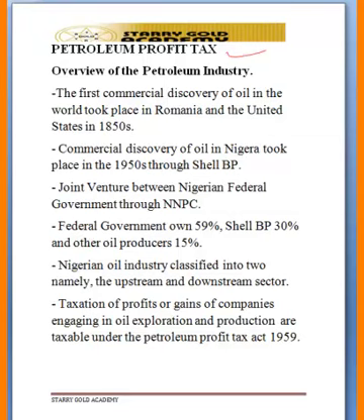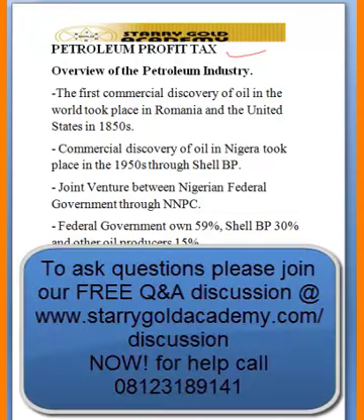Now the industry itself is classified into two. We have the upstream sector and the downstream sector. What are these sectors all about? What are the activities of these sectors? I will briefly take you through what is done in each.